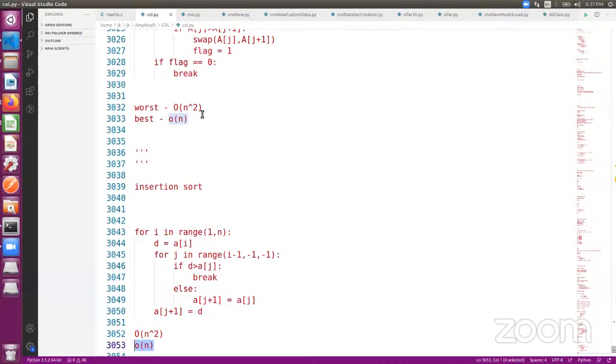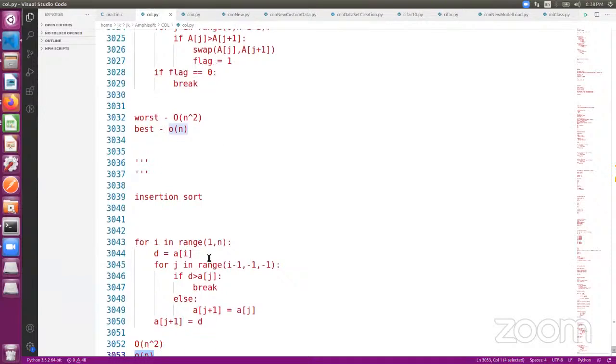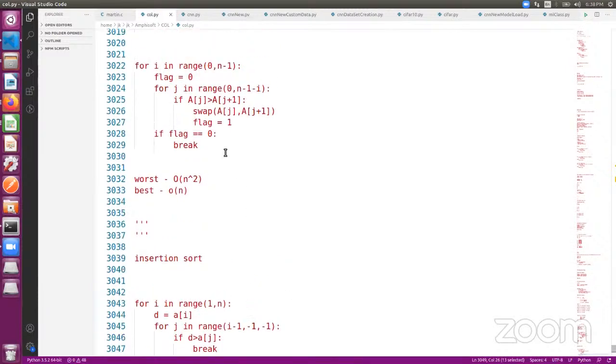Okay, so now you have to compare the number of operations that are happening inside the loop. So here, just an assignment operation is happening, right? Whereas in bubble sort, a swapping operation is happening. In the last class we saw swapping involves three steps, right?